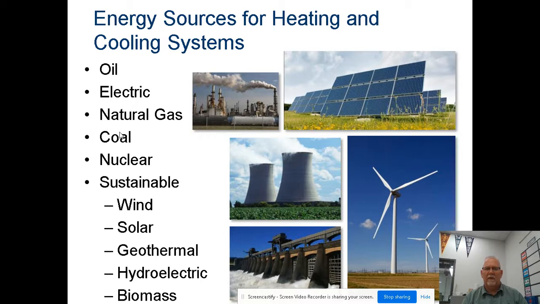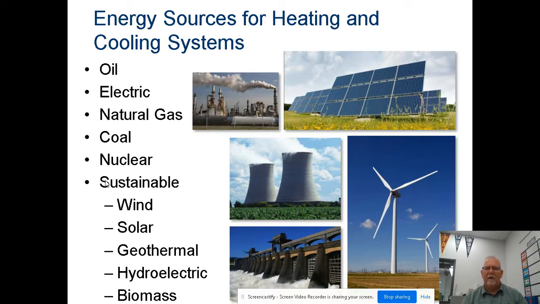We burn coal to create the heat for turbines, and typically their coal burning plants are up in North Dakota, and then they transfer the electricity down to us by heavy electrical lines. Of course, nuclear, somewhat of a debatable energy topic. Very efficient. The problem there is the waste and the risk from all that type of thing.